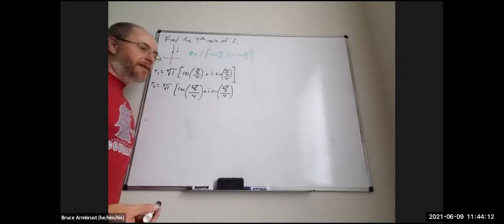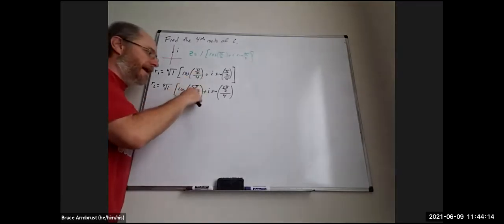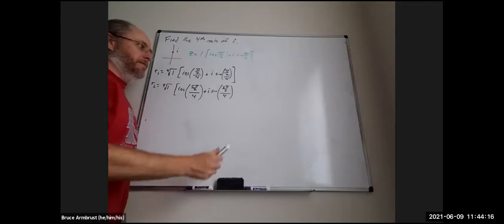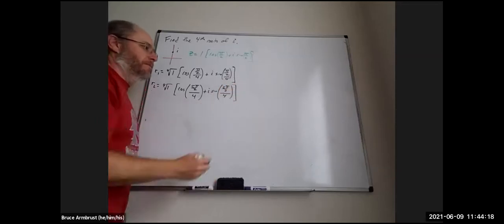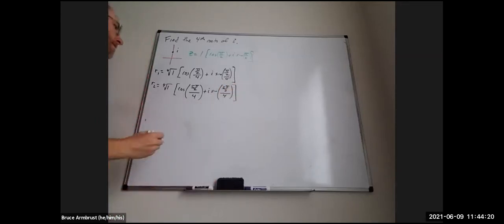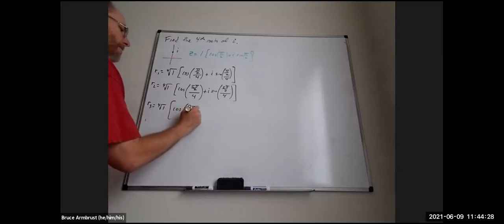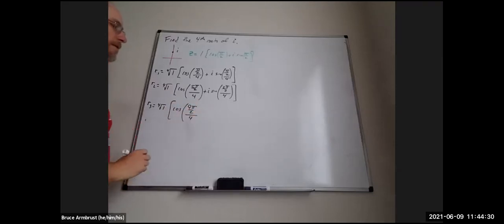So all I did was I took pi over 2 and I added 2 pi. So I have 4 halves. All right, well, keep going. R3, 4th root of 1 times the cosine of, now it's going to be 9 pi over 2 divided by 4.